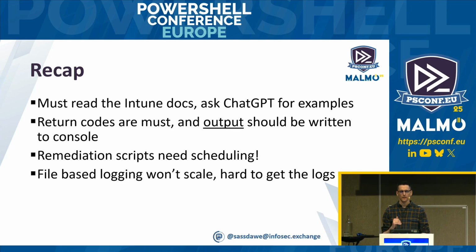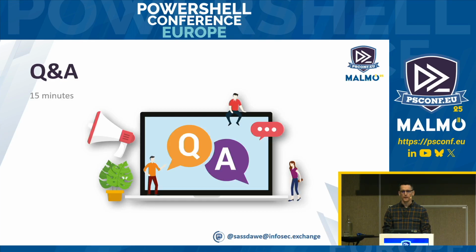Unless you really don't need advanced logging, stay away from file-based logging, or keep it together in Application Insights and files. But if it's file-based, you need a way to get those logs. And if you don't have Defender access, it gets very tricky. And with that, I left you 2 minutes for questions. Yes. Any questions?